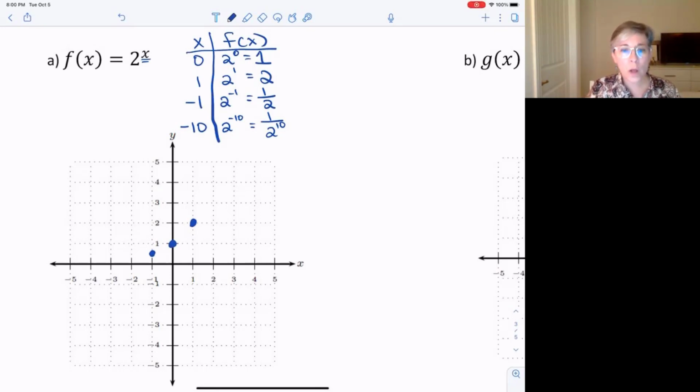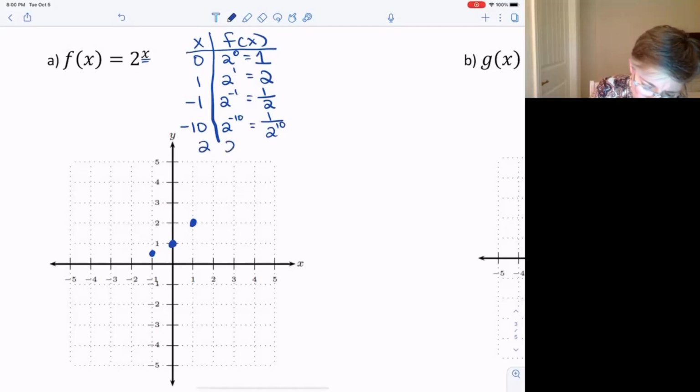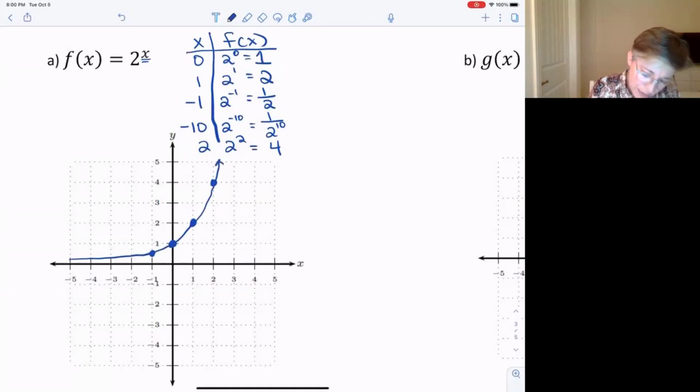So when we draw this graph, we can go ahead and do 2. So 2 squared is going to give us 4. So we know the point goes right up there. But notice it's getting really close to hitting 0 on the left-hand side, but it doesn't actually touch it.